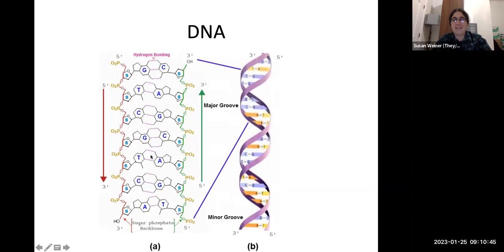And one important thing that this allows, that you should hopefully remember from last semester, is the replication. By pulling these apart, we can then put a new C to bond with this G and a new G to bond with this C, and that allows us to duplicate the DNA, allowing a cell to divide and produce 2 new cells.